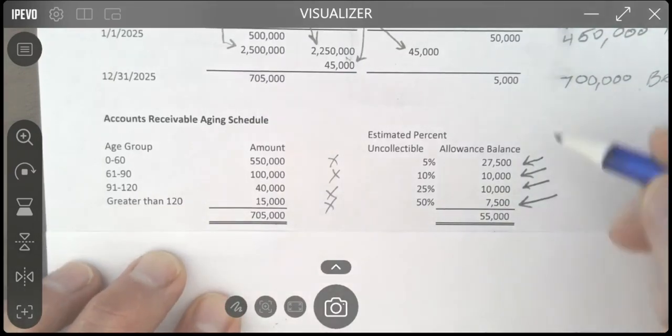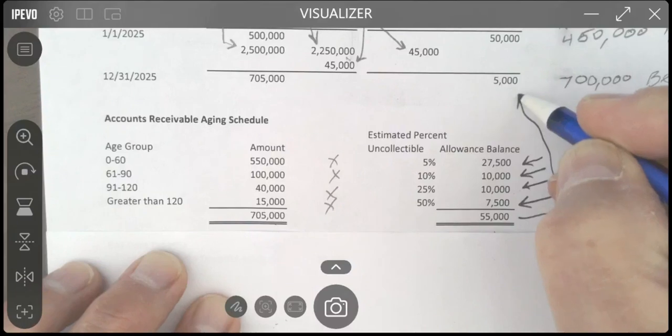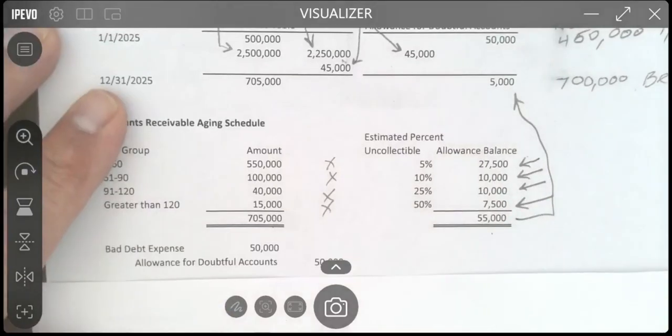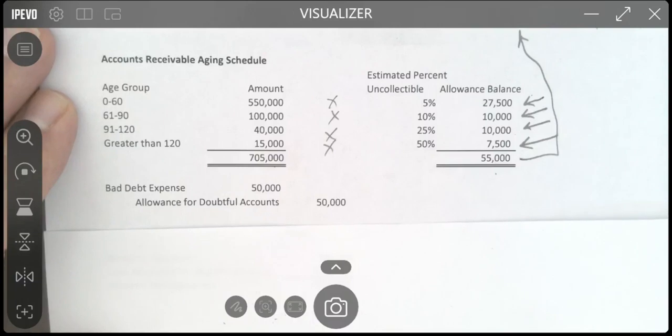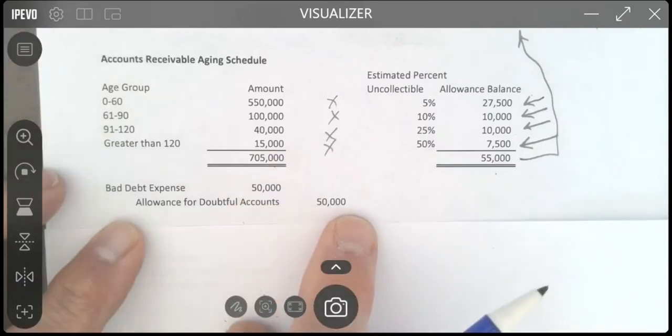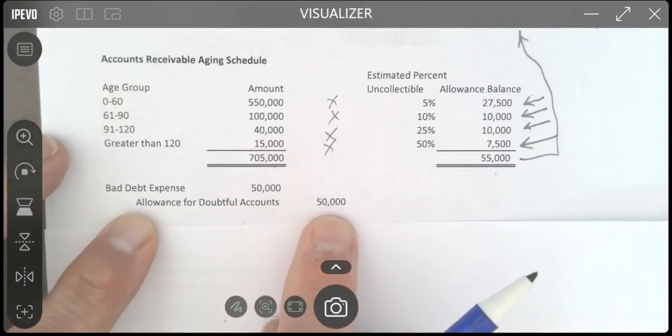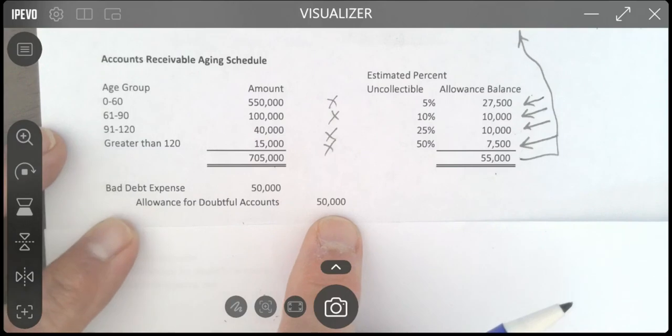So we want that balance to be 55,000, and we'll do so by debiting bad debt expense for the year of 50,000 and crediting the allowance for an additional 50,000.